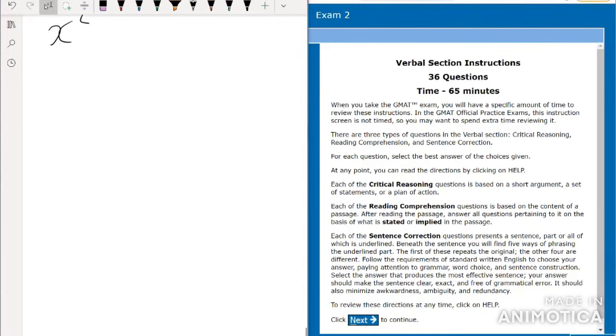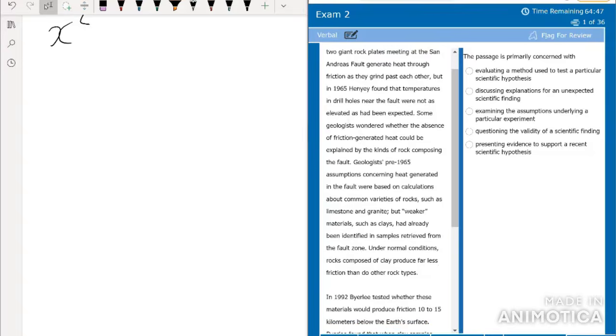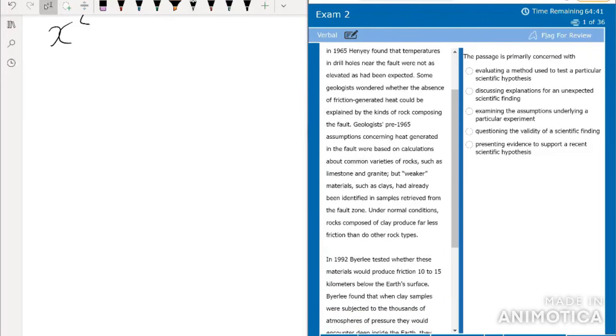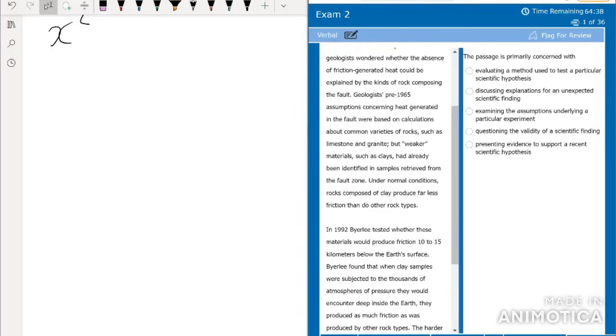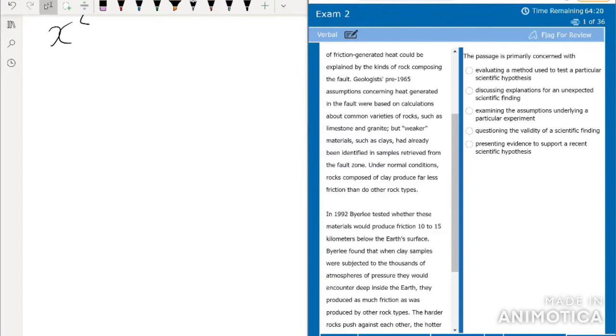Let's try and do this. Okay. So prior to 1965, let's just assume that the tutor. Okay, so what's it primarily concerned with?